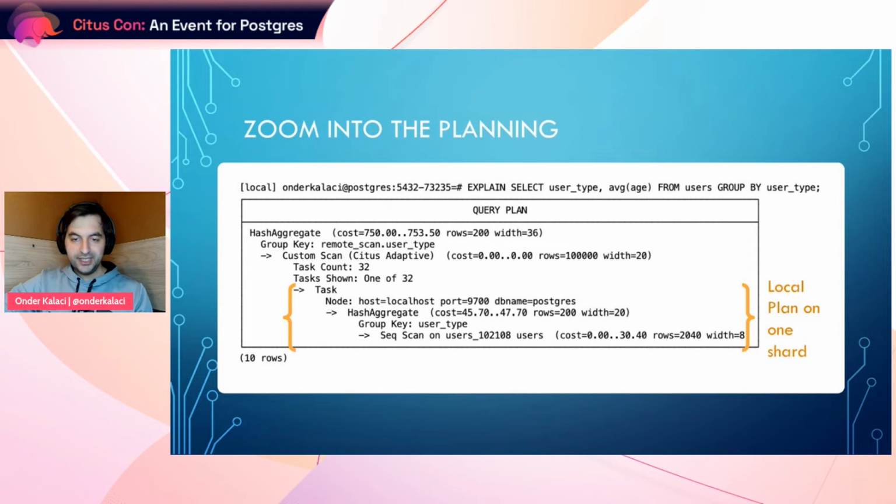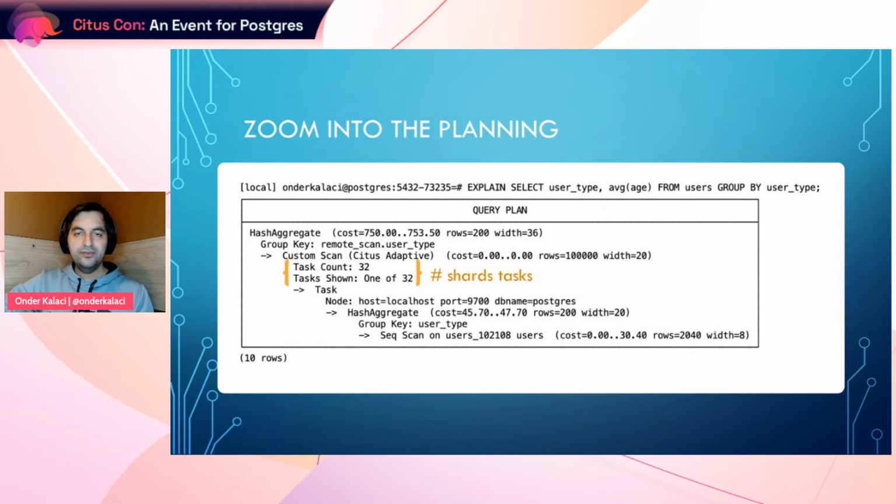The first thing that we can look at is the task. The task is the smallest execution unit in Citus's execution. A task is basically a SQL command which is executed on the shards, which are regular Postgres tables. The distributed plan can have one or multiple tasks.